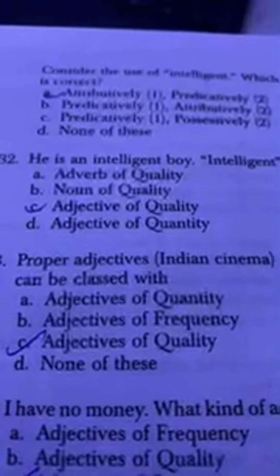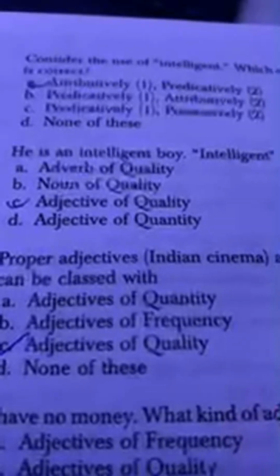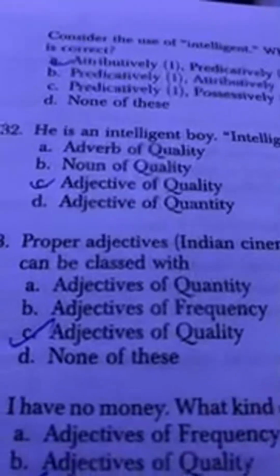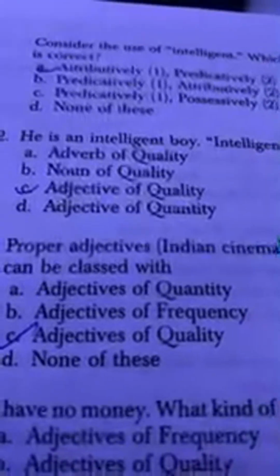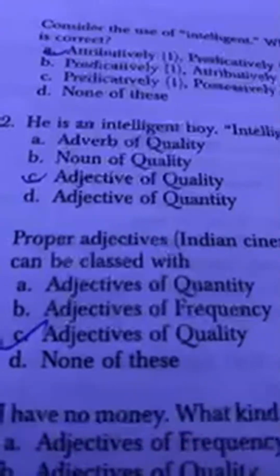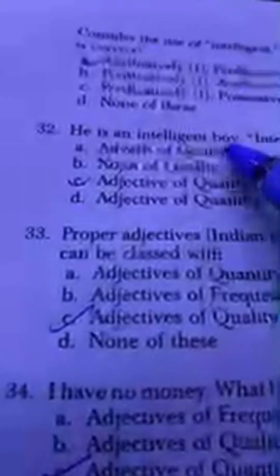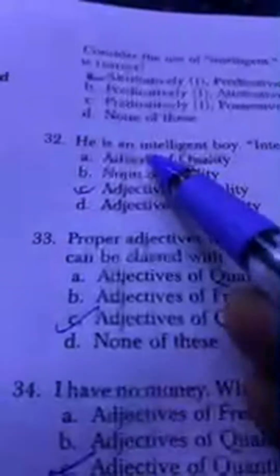He is an intelligent boy. Intelligent here is, what is it? Adverb of quality, noun of quality, adjective of quality, adjective of quantity. So it is an adjective of quality. What is it telling about the noun boy? It is telling its quality. So it is an adjective of quality.